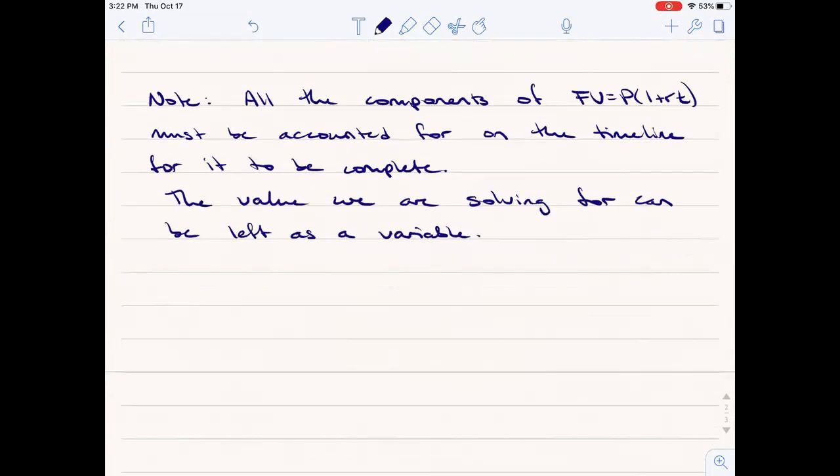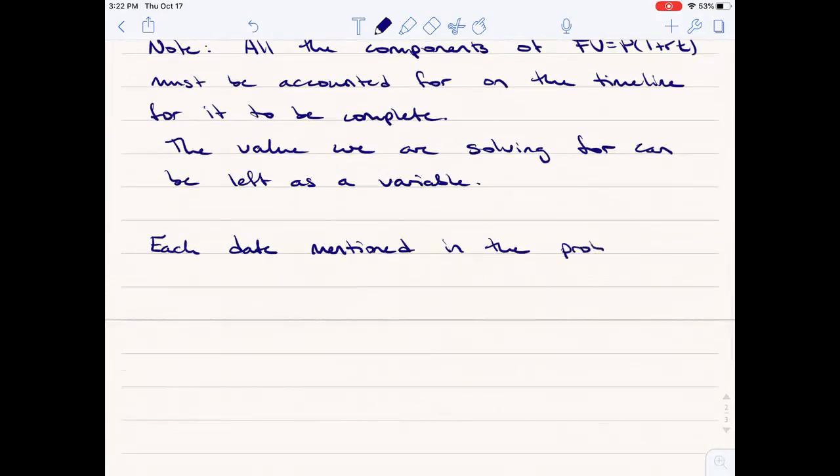So each date mentioned in the problem gets, I don't know what else to call it, a tick on the timeline.